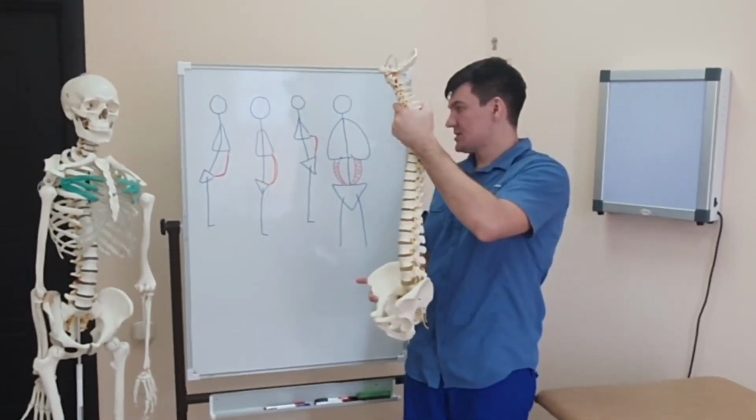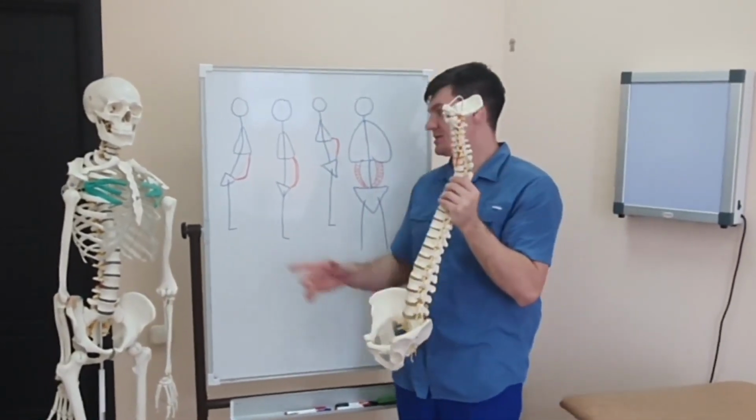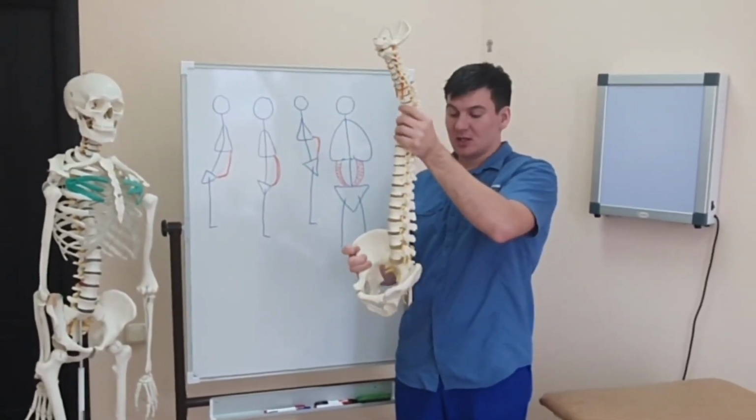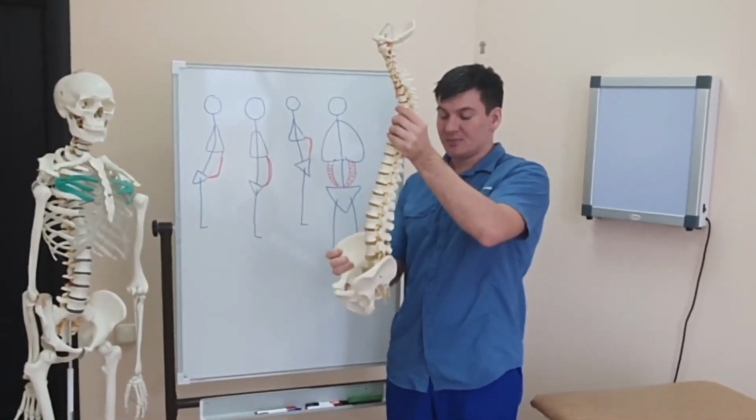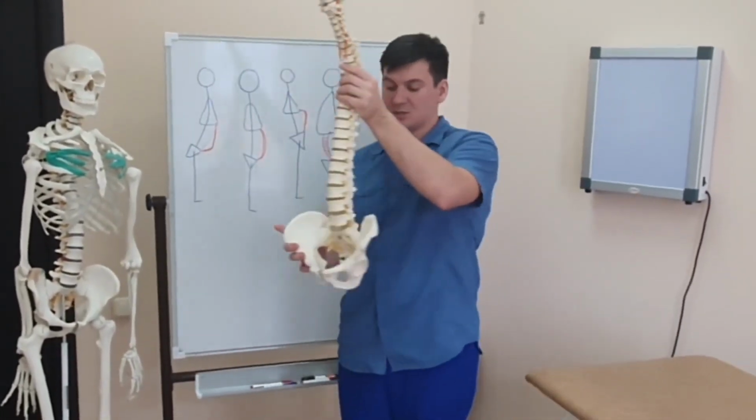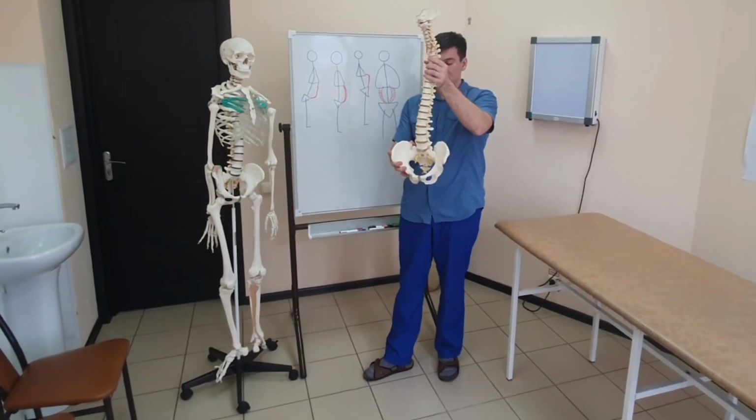If it doesn't perform its function, if it sags like this, then the pelvis starts to move during movements, for example, during landing. So, when we land on our foot, it starts to drop like this, wobbling from side to side.